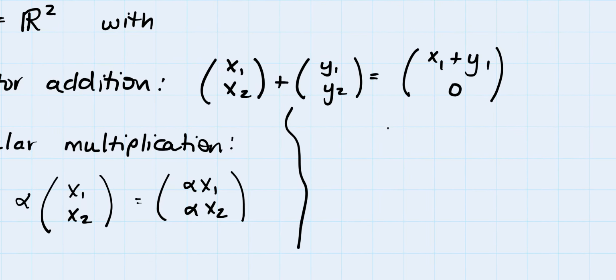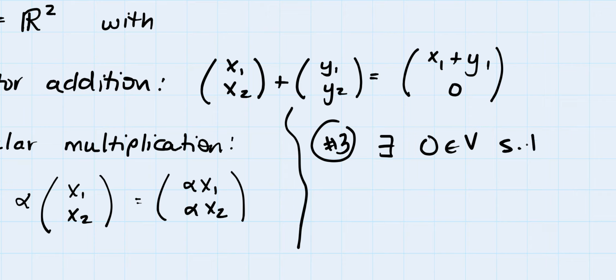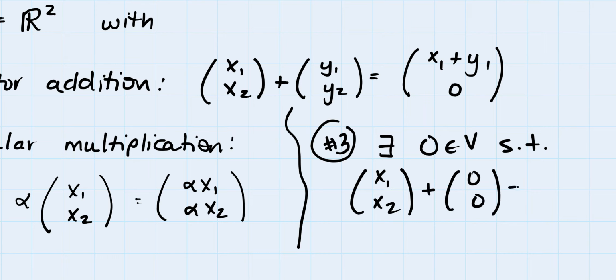Remember that for something to be a vector space, I think this is property 3, there has to exist a vector 0 such that x1, x2 plus 0 is equal to x1, x2, right?